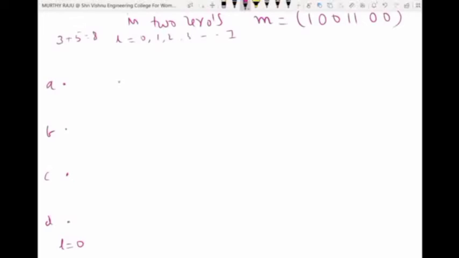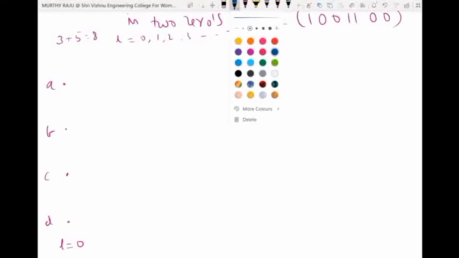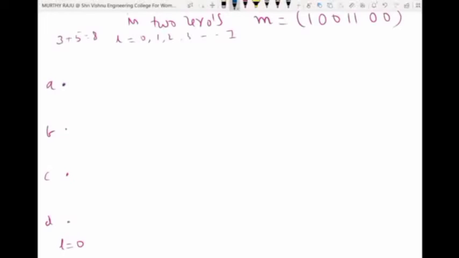Next, for representation of this, we use another one. This one is L equal to 0. Here, L is equal to 1.